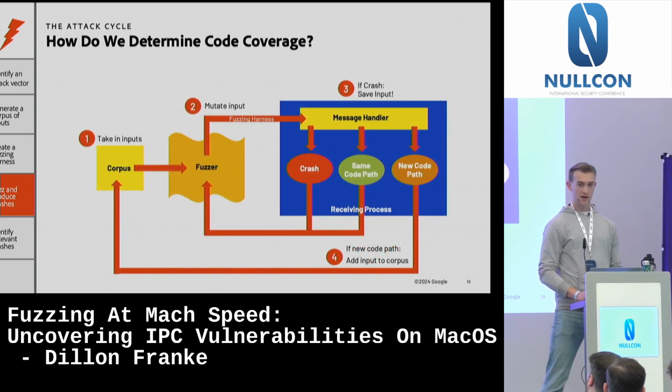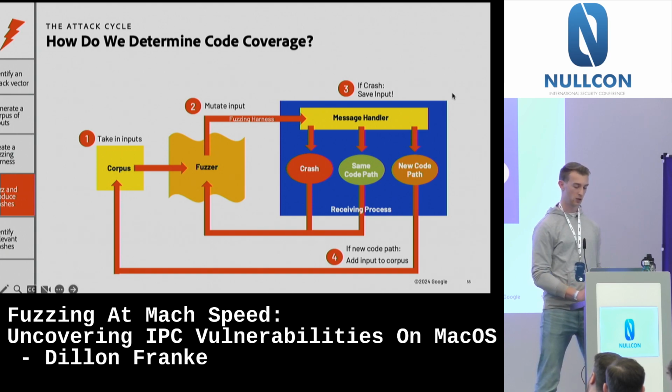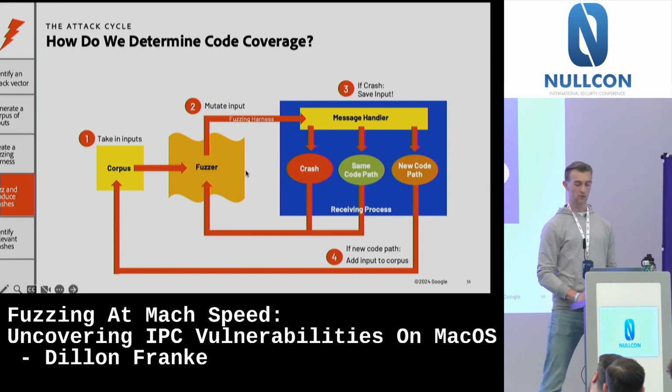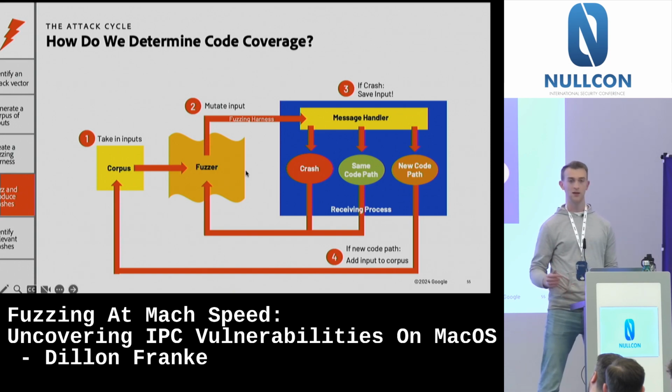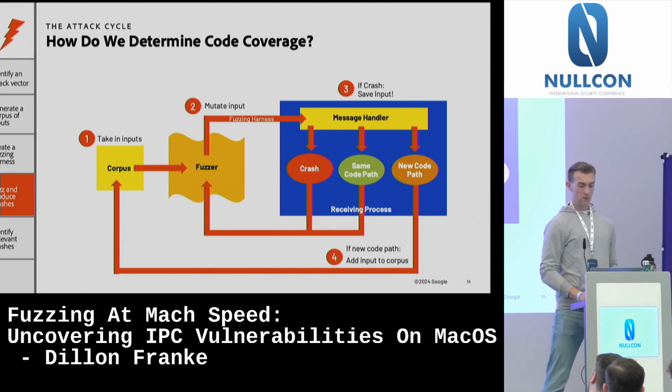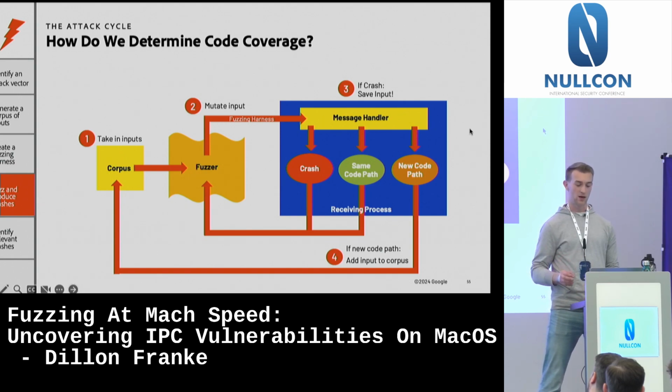So if we look at that picture before, we've added a little bit more in here with this notion of code coverage. We're still taking in our inputs from our corpus. Our fuzzer is still going to mutate that input and use our fuzzing harness to send it to the message handler. But now we are actually going to instrument that process that we're looking at.